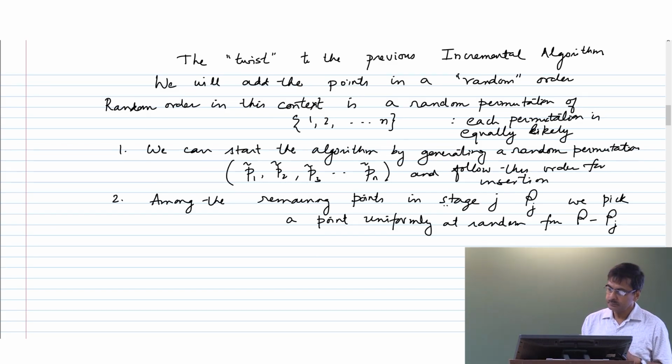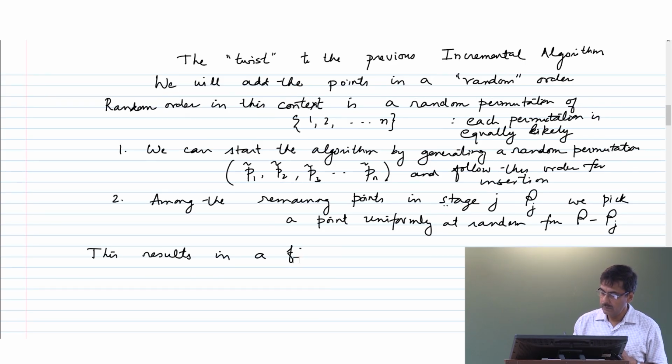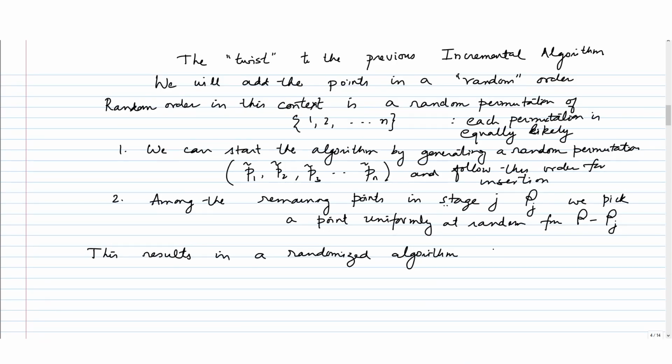Okay. So, since I am using a random permutation or I am picking the next object at random, this results in a randomized algorithm, and the framework is called randomized incremental algorithm, or I will actually use the acronym RIC.